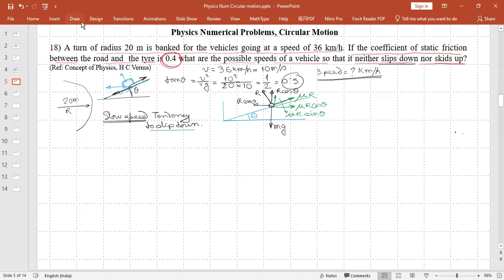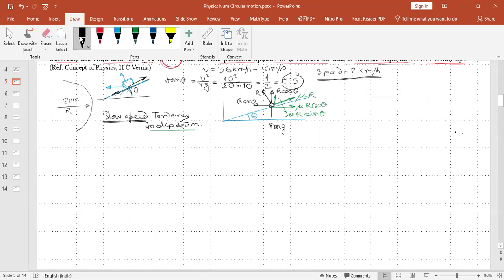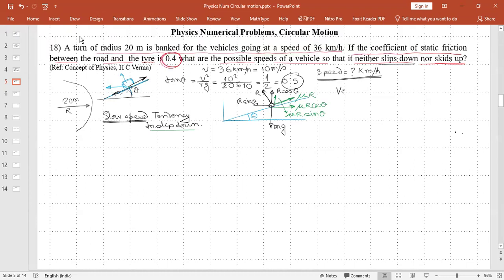So we first consider the vertical direction. Vertical direction, we have R cos theta upward. There is another upward force which is equal to mu R sin theta. This will be equal to the vertically downward force mg.